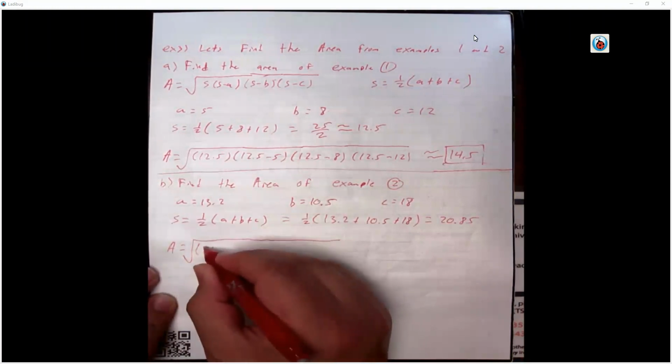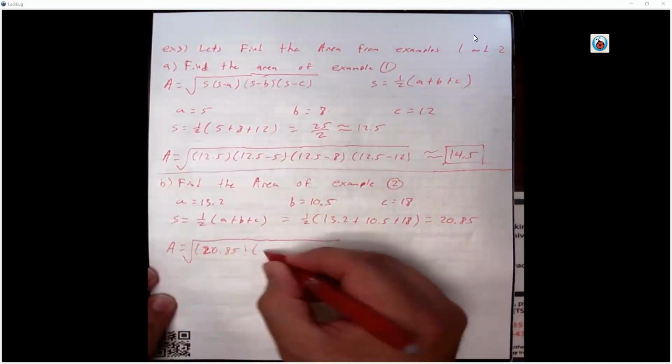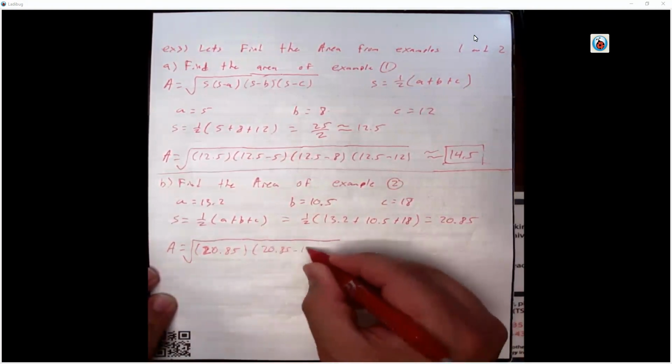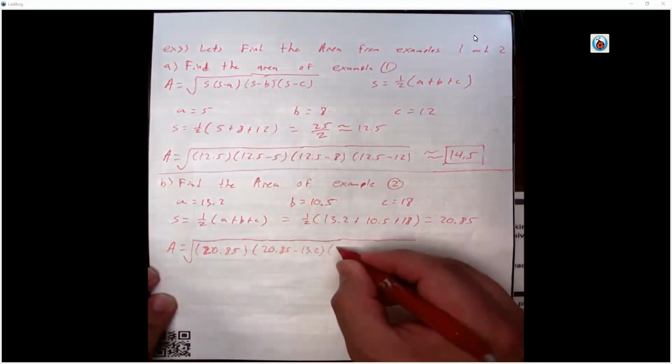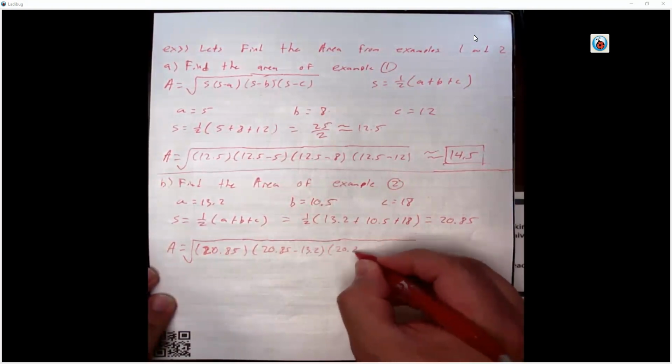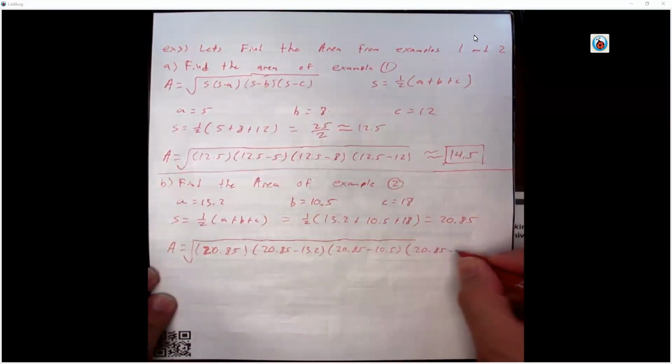So 20.85 times 20.85 minus 13.2 times 20.85 minus 10.5 and then 20.85 minus 18.